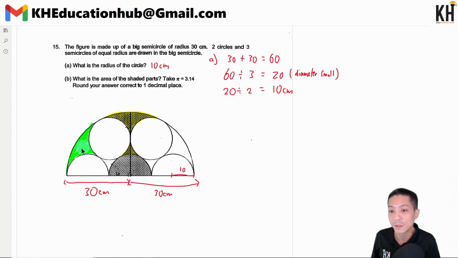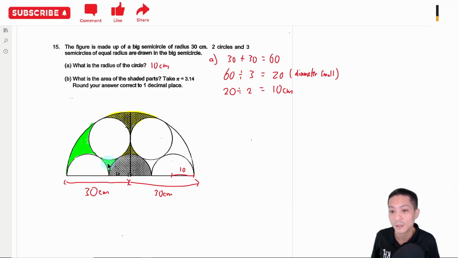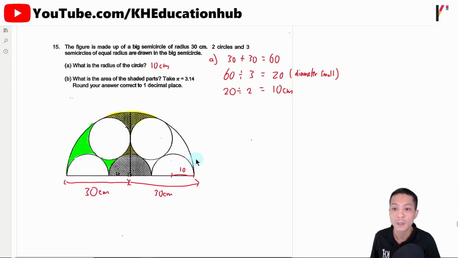If you get the idea, you can actually fast forward the video because it's going to take some time for me to color this. Now you can start to see that the green shaded part is equal to the yellow shaded part, right? So I'm going to shade another one, which is this one over here.